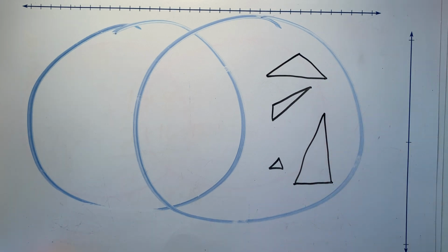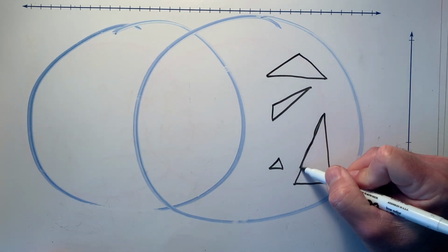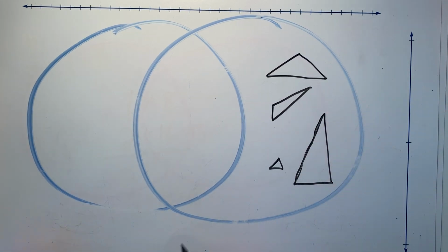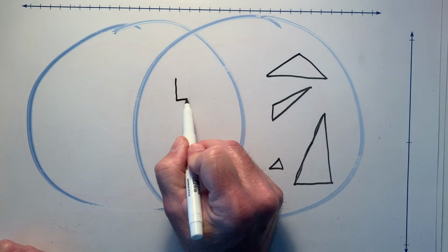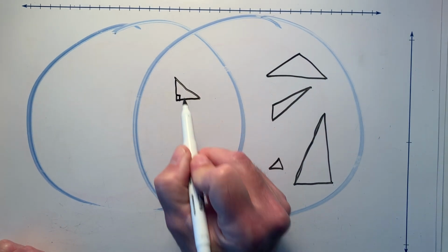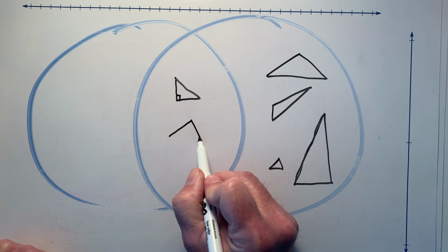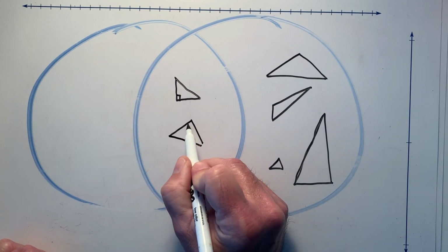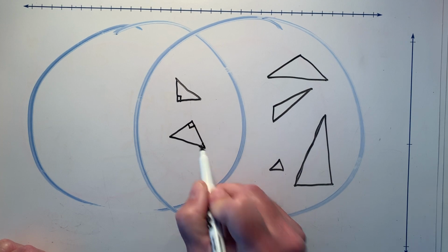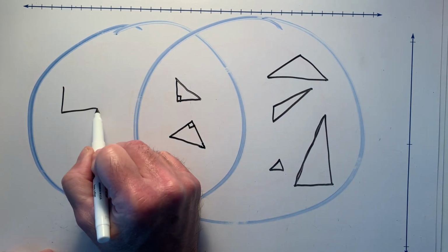I know my shape drawing isn't perfect because I'm trying to do this on a slant a little bit, but let's see what we have here. And over here we have this.